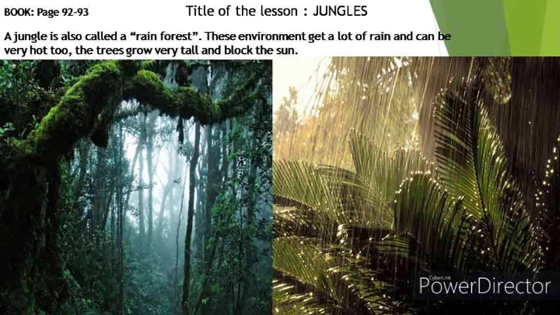So a jungle is called what? It's called a rainforest. There's a lot of rain there. Even though there is rain, it's very hot too. The trees grow very tall and block the sun. So the trees are very tall there and they prevent the sunlight from getting in.